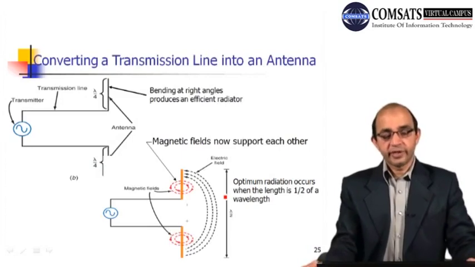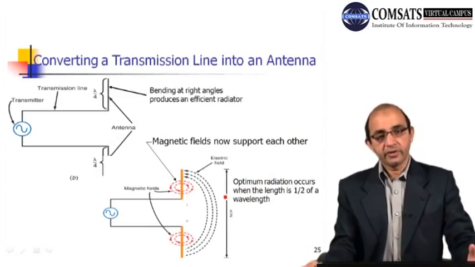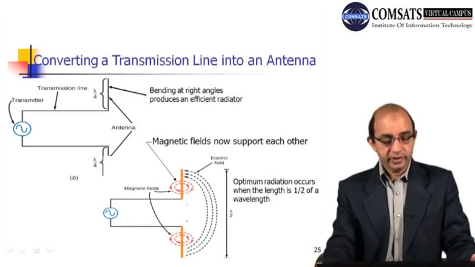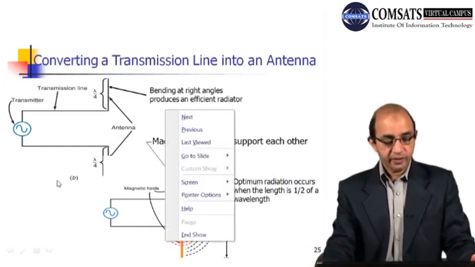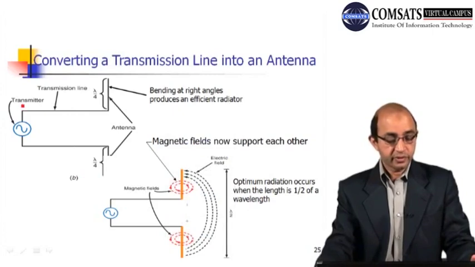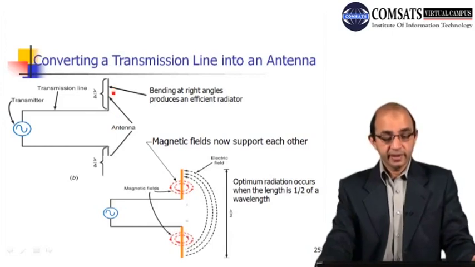Here we have more explanation on how to convert a transmission line into an antenna. Here you can see we have a transmitter, and this is the transmission line. What I did was cut this transmission line and expand or bend it at right angles, and they have the same length.